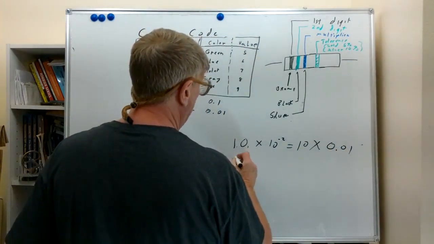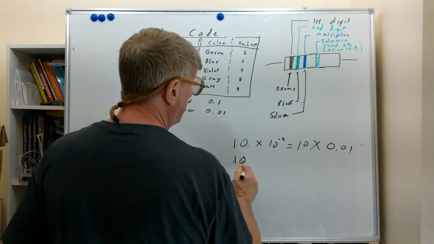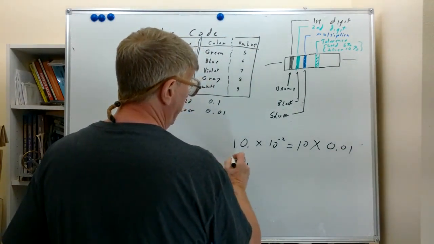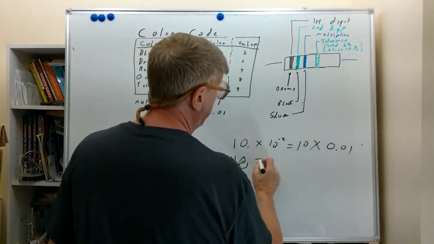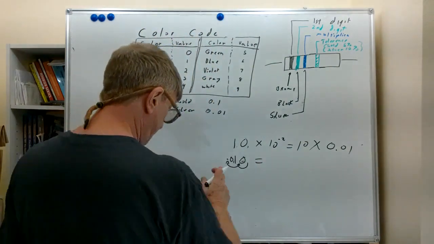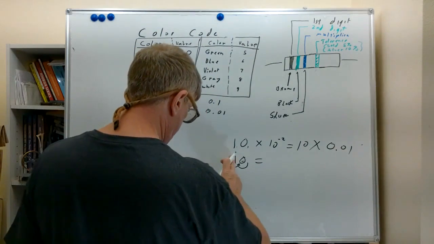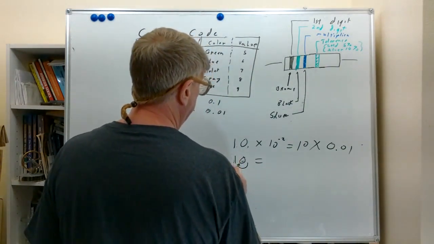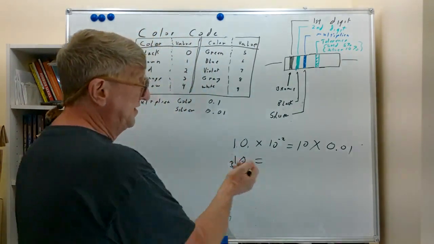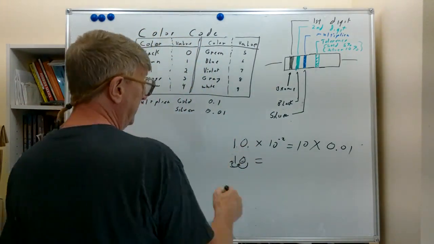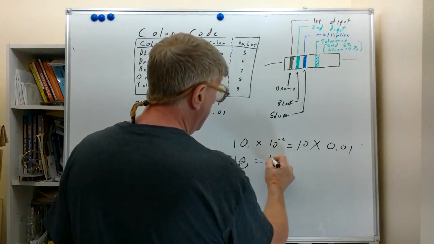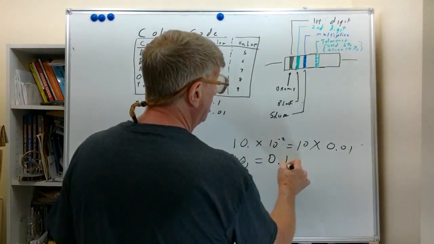Well, then we would take that 1 and the 0 and we move the decimal place 2 places. We don't have to add the 0. So 1, 2, that gives us a 0.1 ohm resistor.